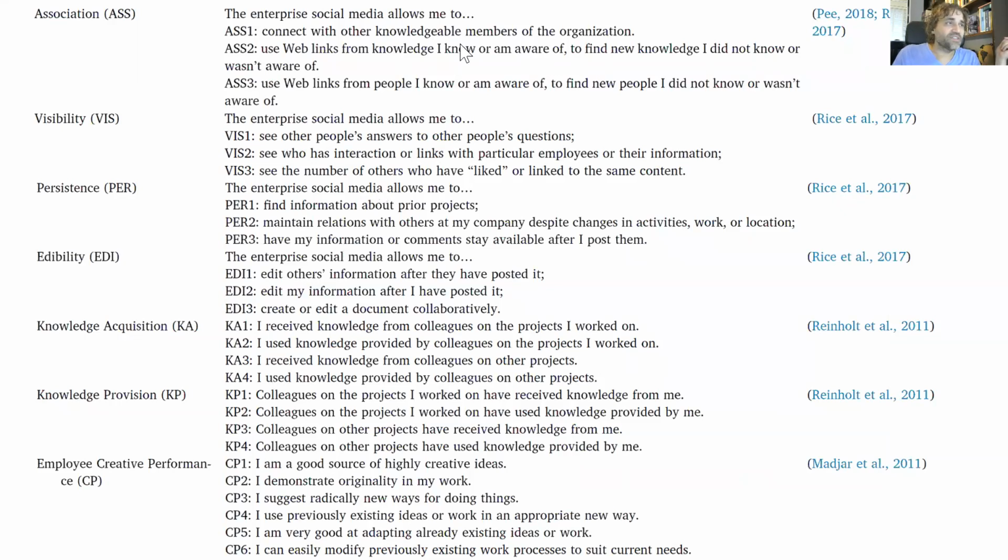But I think it's pretty interesting if you look at how they operationalized the four affordances of social media. It really mirrors information processing and process support. So I can connect to other members to share knowledge. I can see who has questions. I can see which questions are already answered. I can work together on a shared document, all related to information processing.